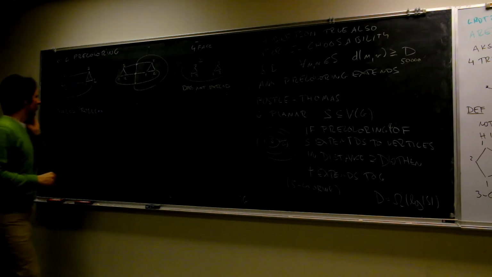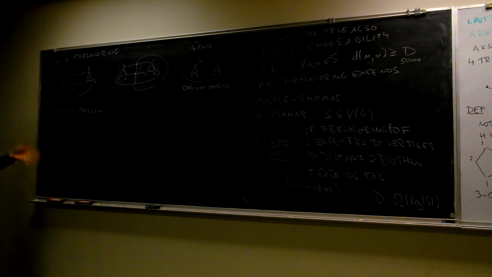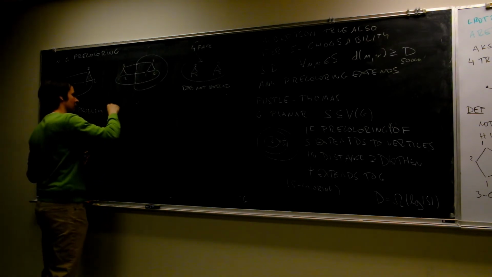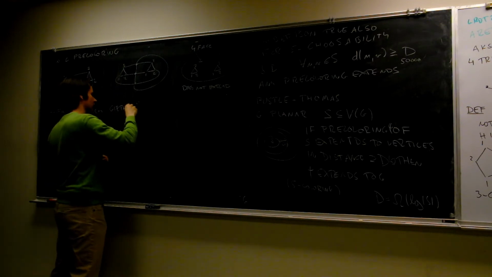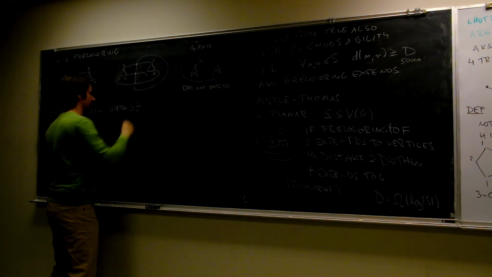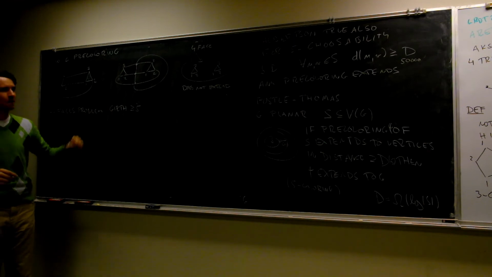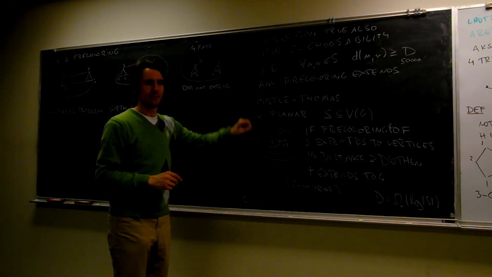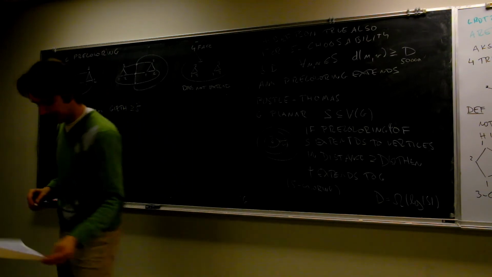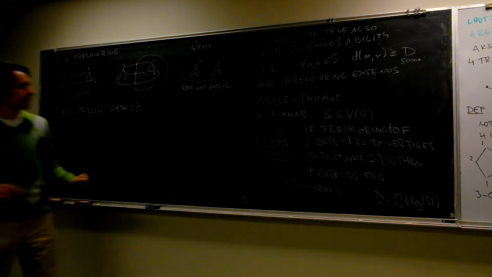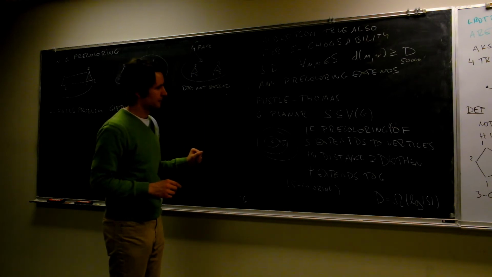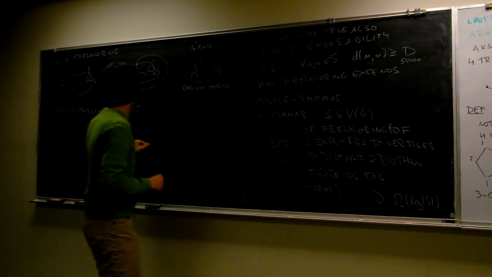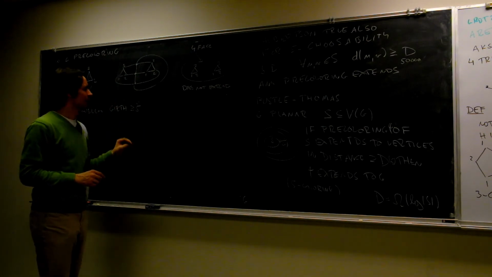So if you forbid 4-faces, let's say you say girth is at least 5, that forbids 4-faces, then you can get the analog of this theorem. And the S does not have to have the property that it has girth 5.